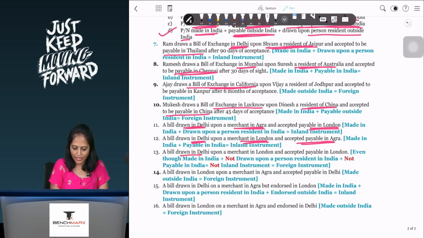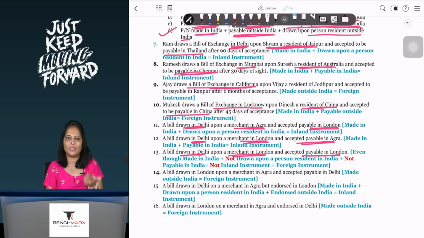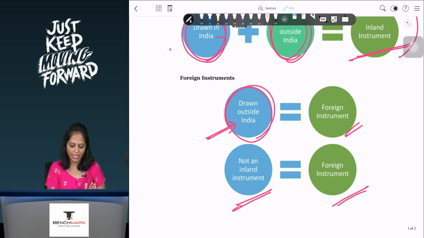A bill drawn in Delhi upon a merchant in London. So drawn in India upon a person resident outside India, payable also outside India. Since it is payable also outside India, it's not an inland instrument, and because it's not an inland instrument, it is a foreign instrument. Yes.